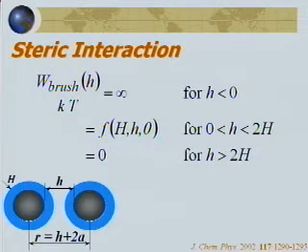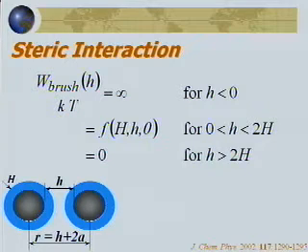But if the separation is smaller than 0, then basically casein micelles cannot be pressed further. So the steric interaction is basically infinity. And for the separation between 0 and twice the brush height, it's a function of brush height, separation, and density of coverage. You can find the specific expression in the original paper.